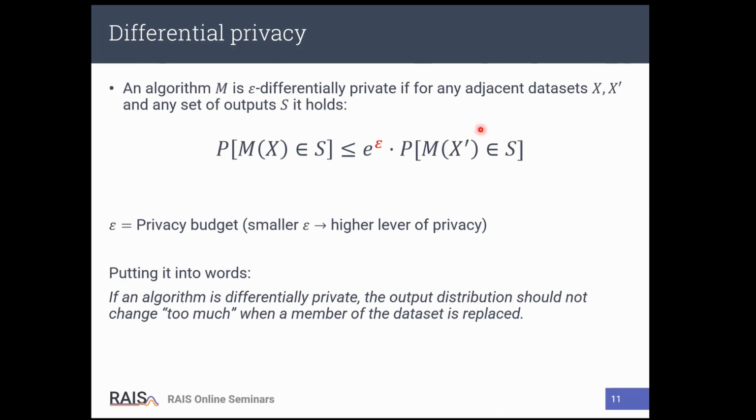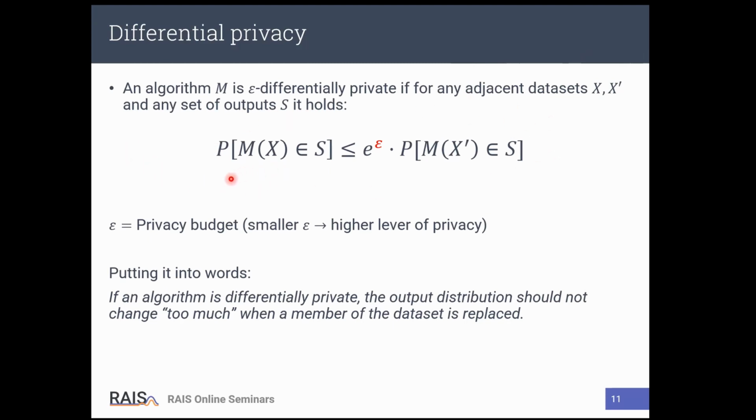So an algorithm is epsilon differentially private if for any adjacent datasets x and x prime and any set of outputs, this constraint holds. First of all, let's specify what adjacent datasets are. Adjacent datasets are datasets that differ in only one row, which means there is one user of difference. We take one user in database x and we substitute it with another user. And when this happens, this constraint must hold.